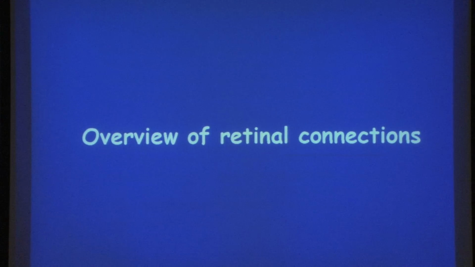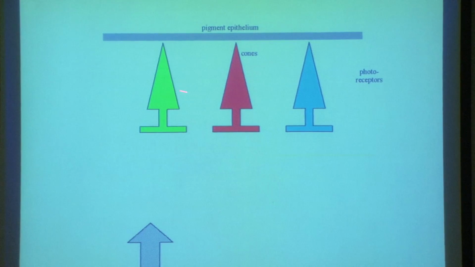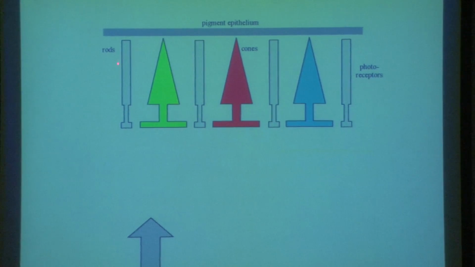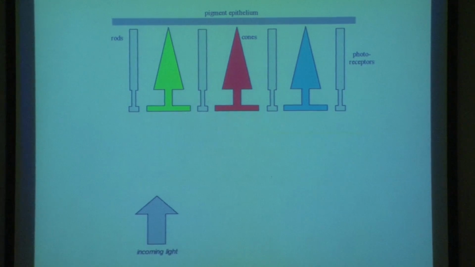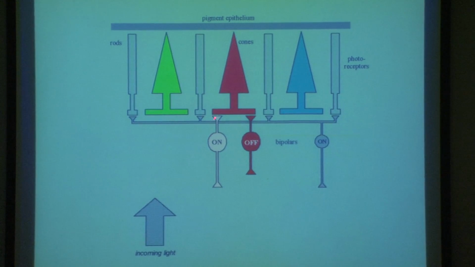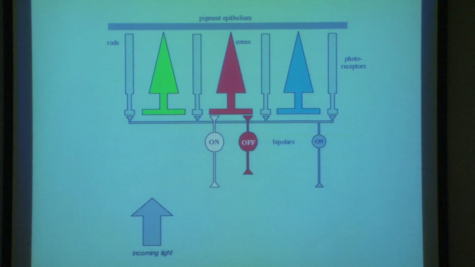So then this was analyzed in much, much more detail, and now I'm going to point this out to you by providing you with an overview of the retinal connections. Okay, so here we have the three basic classes of cones, all right, and we have the rods. Then, if you look at the cones, each cone gives rise to at least two bipolar cells, an on and off bipolar cell.